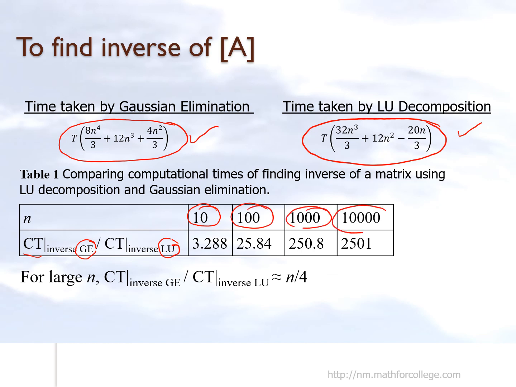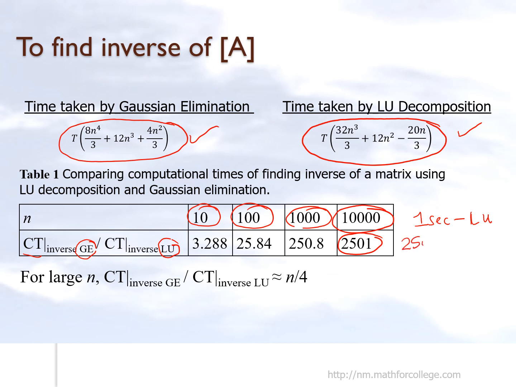And you can see, let's suppose I'm trying to find the inverse for a 10,000 by 10,000 matrix, the computational time it will take me to find the inverse by Gaussian elimination will be about 2,500 times what it will take me by LU decomposition method. To give you some perspective, let's suppose it takes 1 second to find the inverse of the 10,000 by 10,000 matrix by using LU decomposition method.